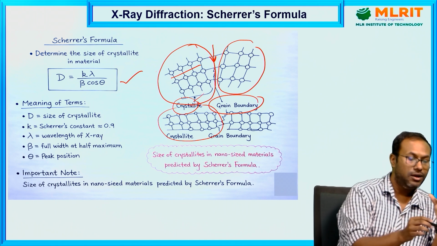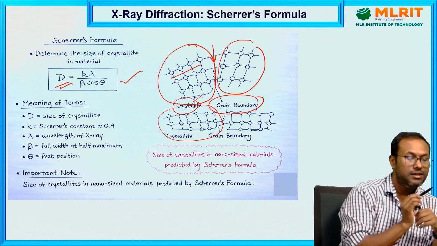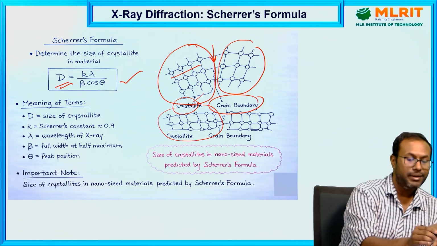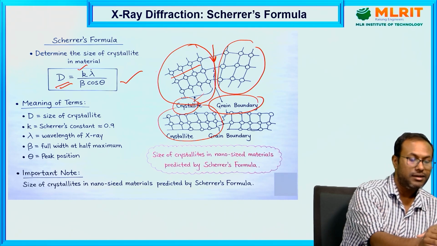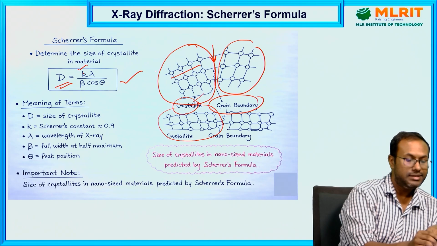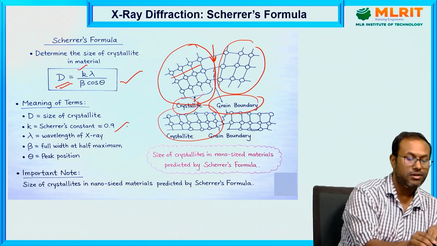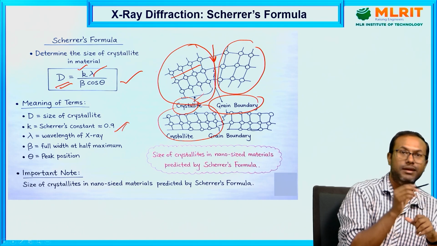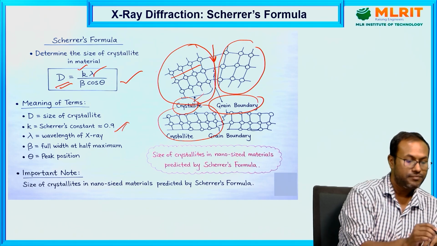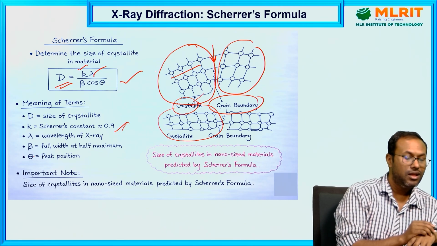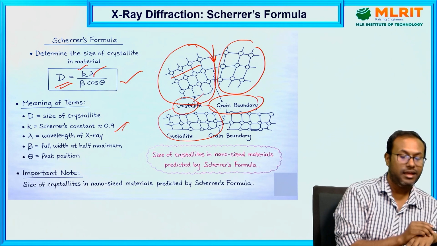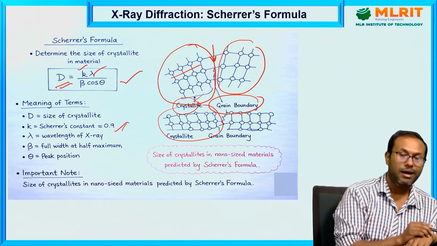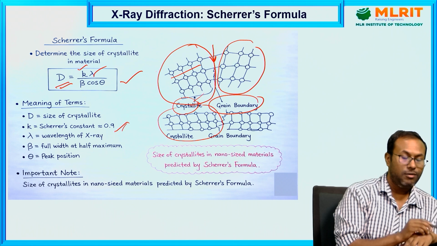Now D is the size of the crystallite. How can you determine it? K is the Scherrer constant, which is of the order of 0.9. Lambda is the wavelength of the incident X-ray. Beta is the full width at half maximum of the diffraction peak.